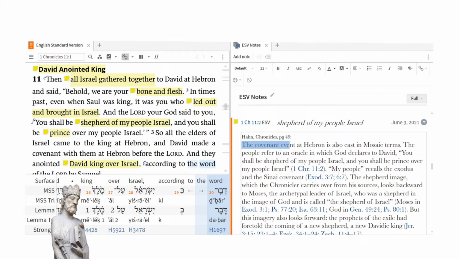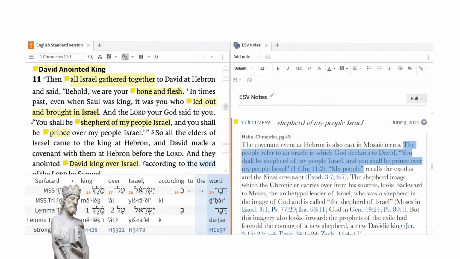The covenant event at Hebron is also cast in Mosaic terms, so it's reminiscent of the Exodus. It's also reminiscent of Moses as well. There's a Moses typology. The people refer to an oracle in which God declares to David, "You shall be shepherd of my people Israel, and you shall be prince over my people Israel." That's in verse 2.